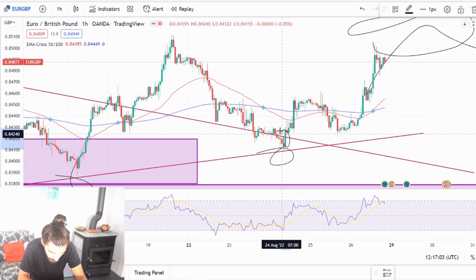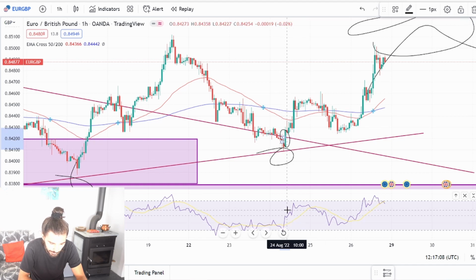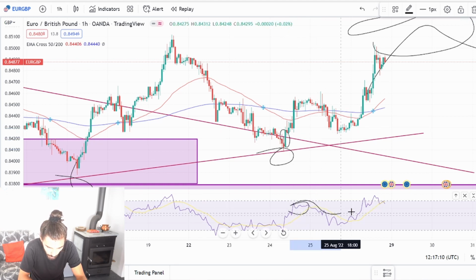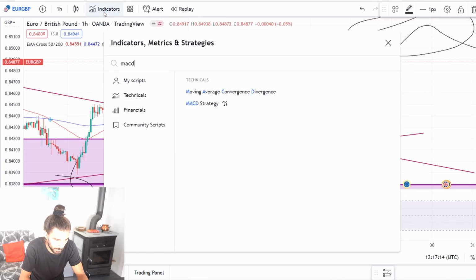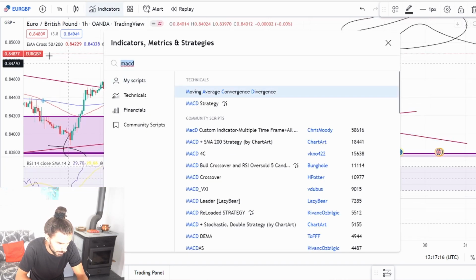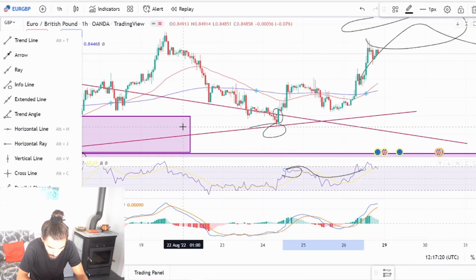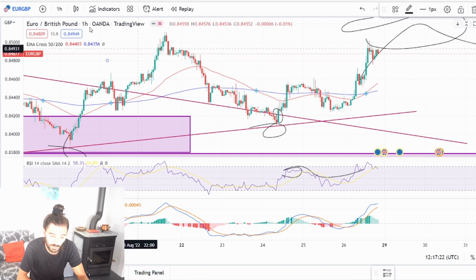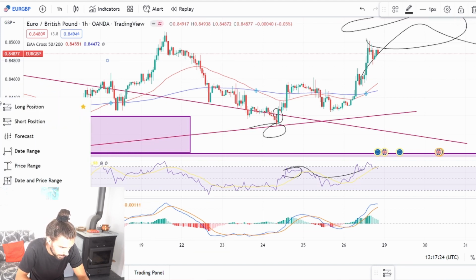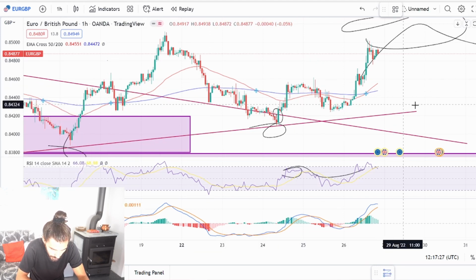So this engulfing candlestick was pretty much the 6th confirmation, and here the RSI trading above the 50 level, which is the 7th confirmation. If we add the MACD, we pretty much can see the same thing here crossing to the upside, which would be the 7th confirmation. And the trade that I took is this one right here.